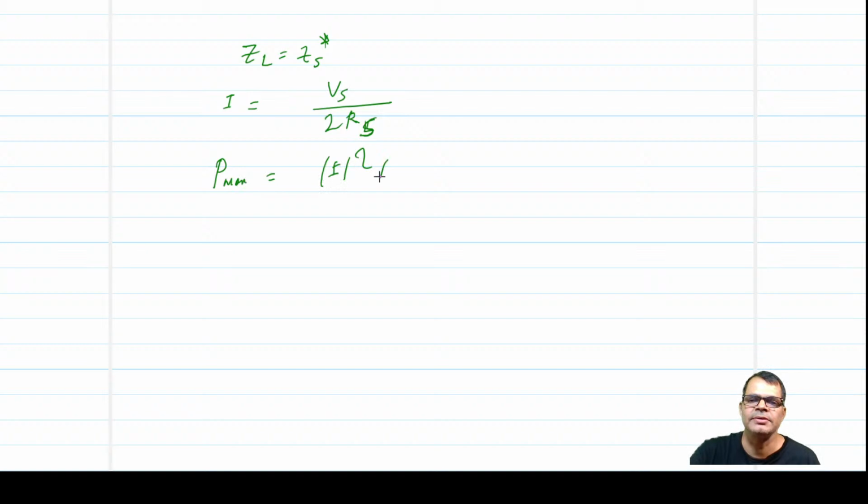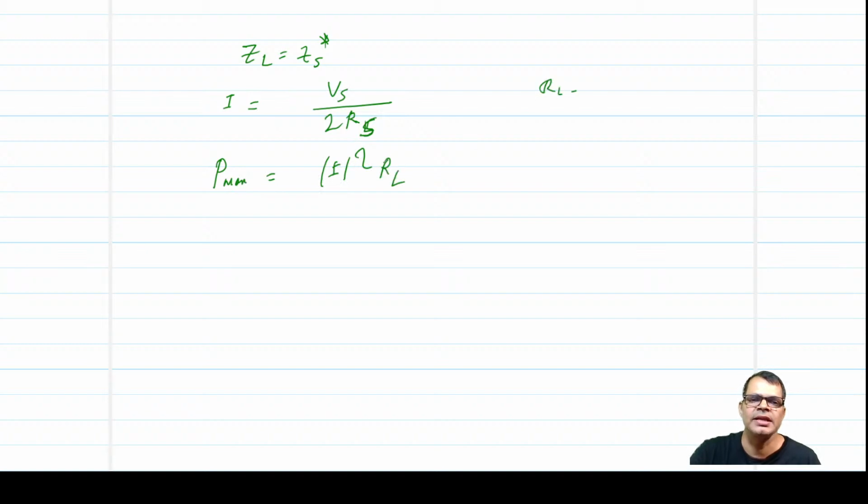We see that when ZL is equal to the complex conjugate of ZS, I simply becomes Vs upon 2 RS, because RS equal to RL. And Pmax is equal to the magnitude of I square into RL.